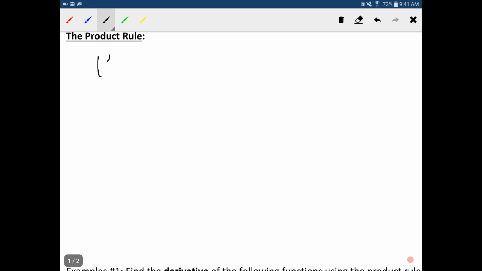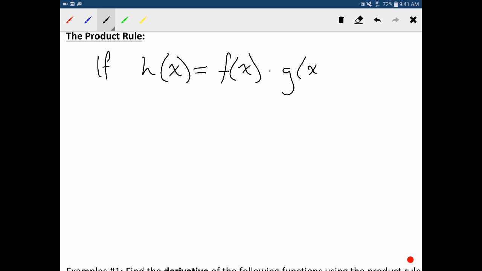If we have a function, which we will call h of x, and this function is made up of a function f of x being multiplied by a function g of x. Unfortunately, as you hopefully learned in your investigation, you cannot just take the derivative of f of x and multiply it by the derivative of g of x. That does not work. So you're going to follow this handy little formula.